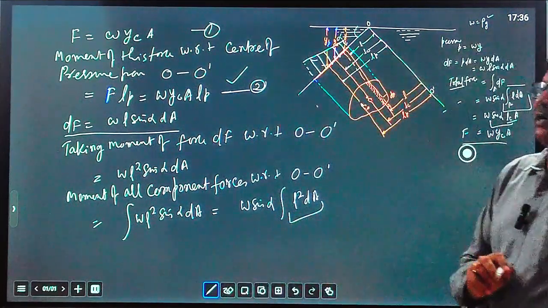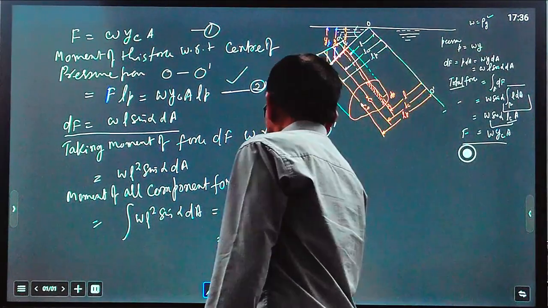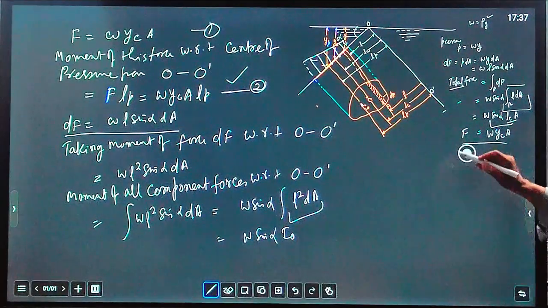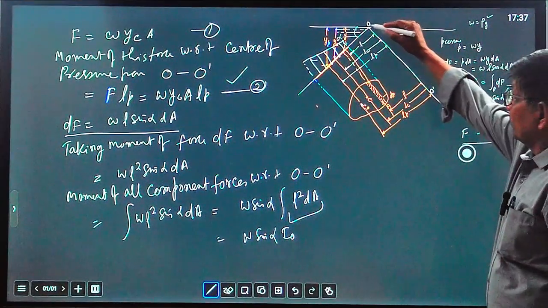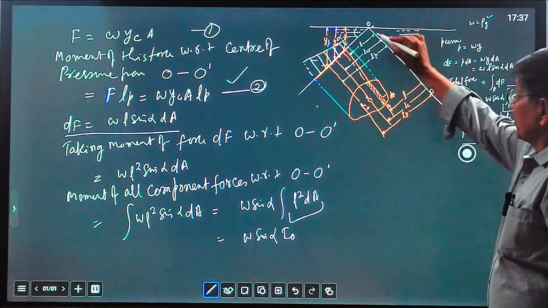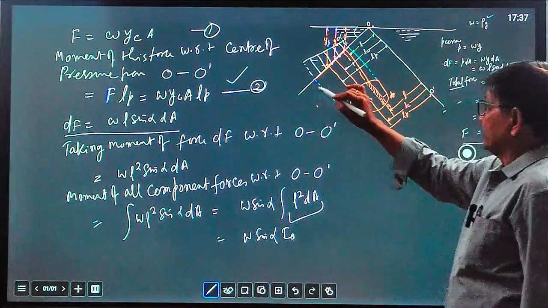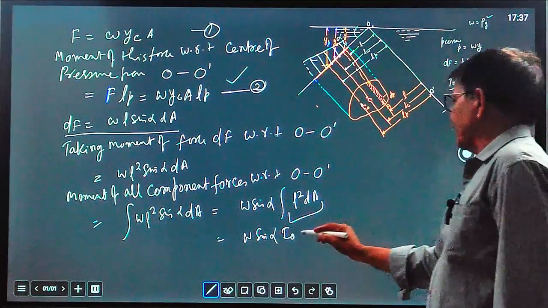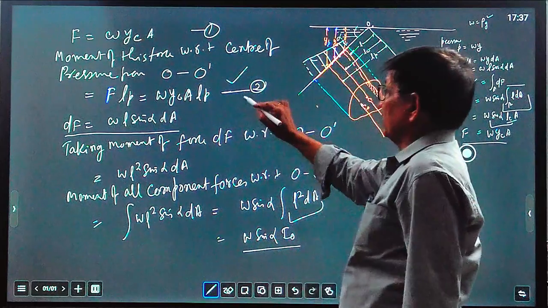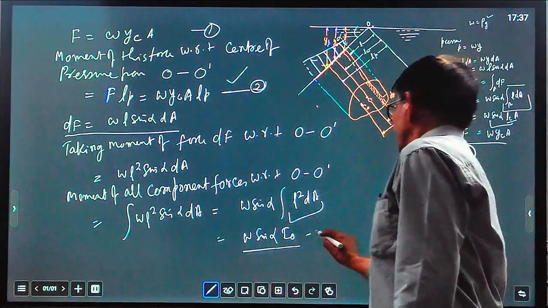And this is the second moment of area, which can be defined as omega sin alpha into I naught, because I naught means the moment of the whole area with respect to O dash. So the moment of all component forces with respect to O dash is omega sin alpha into I naught. Already we have calculated by first principle omega YC A into LP. This is equation number 3.